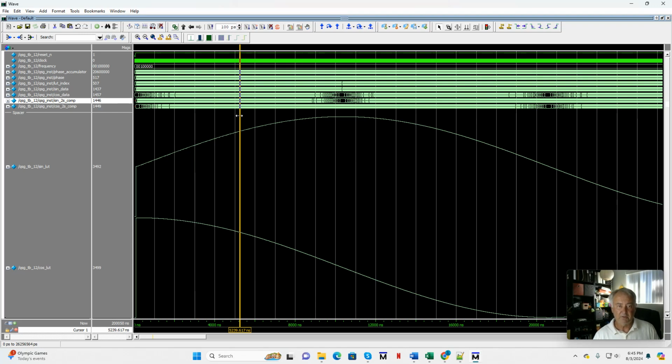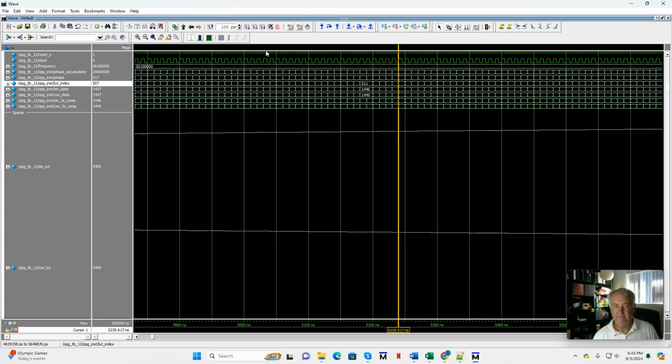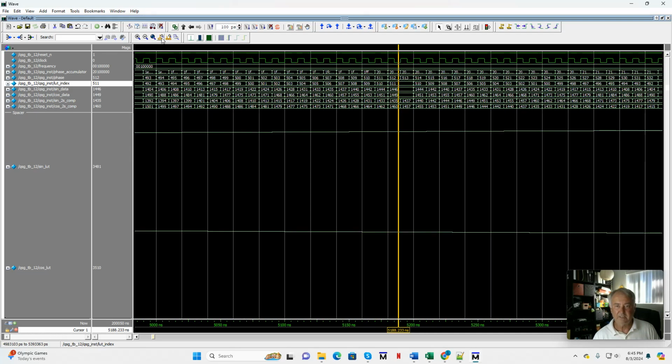And then we make a transition from the sine lookup table to the cosine lookup table. I don't know if you can see this in the resolution we're recording at, but here's the lookup table index. And we'll just zoom in here. And that's the highest index for 9-bit.